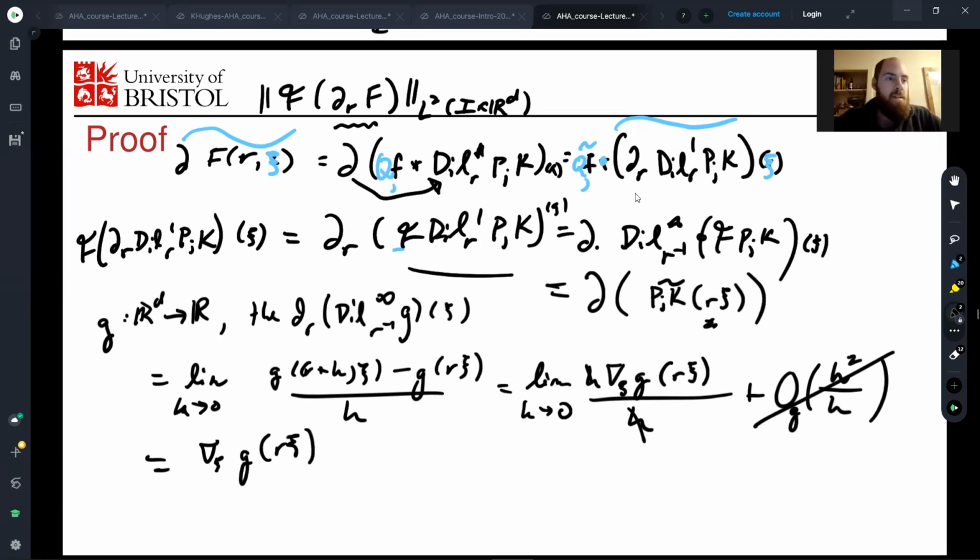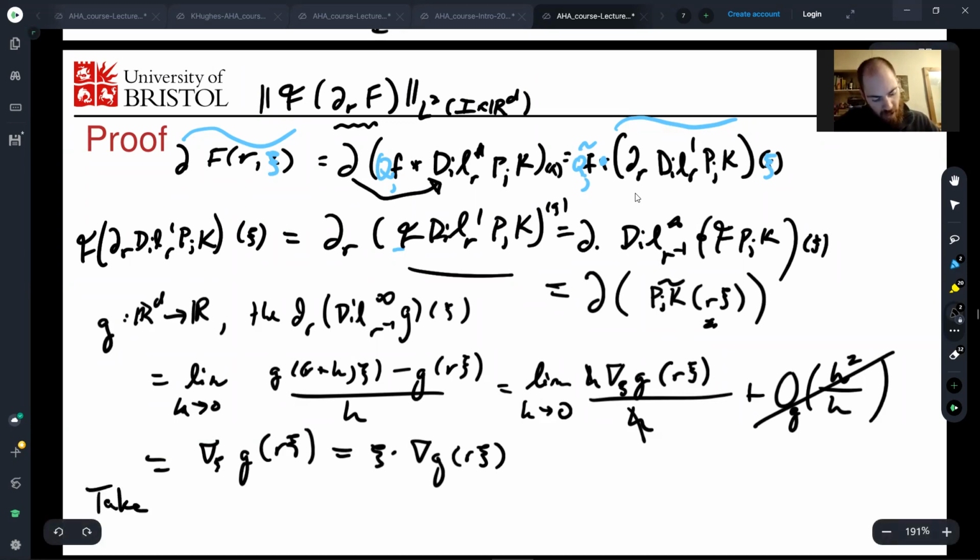All right. Fair enough. We can write the gradient in the xi direction as also just xi dot producted with the gradient of g at r xi. Yeah. All right. Now let's plug in g. Of course, take g equal to the Fourier transform of P_j k, right?